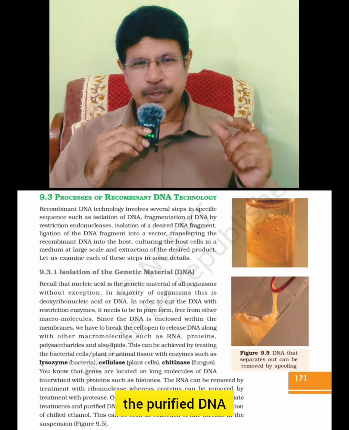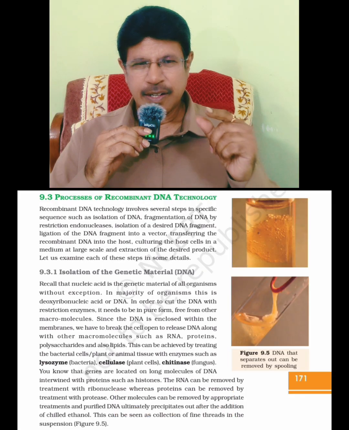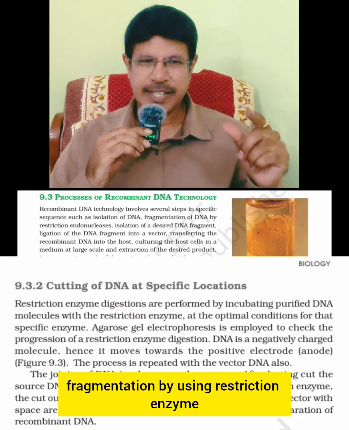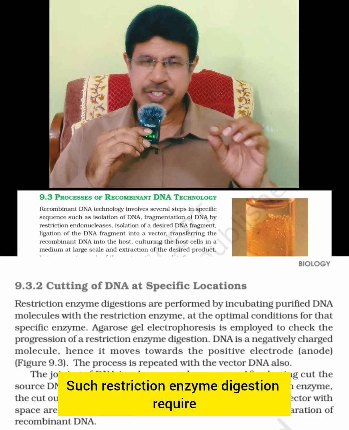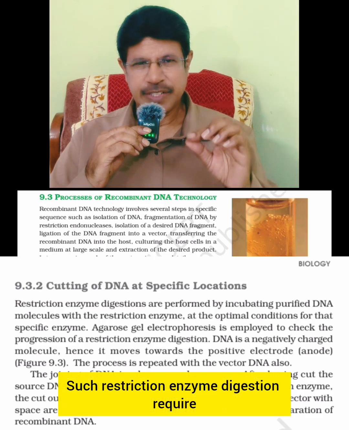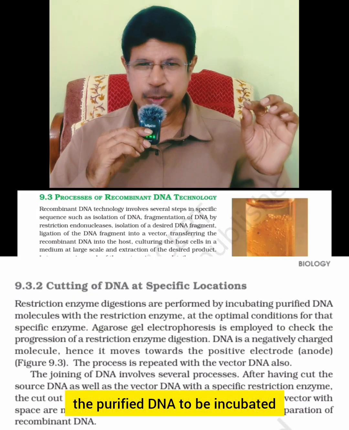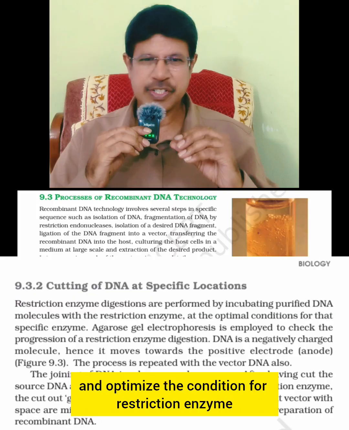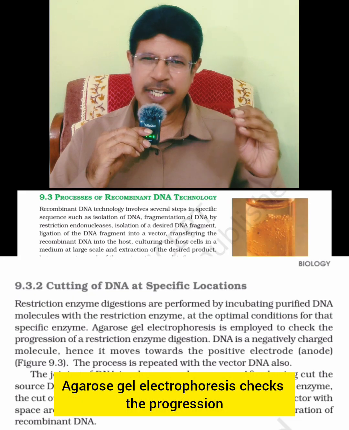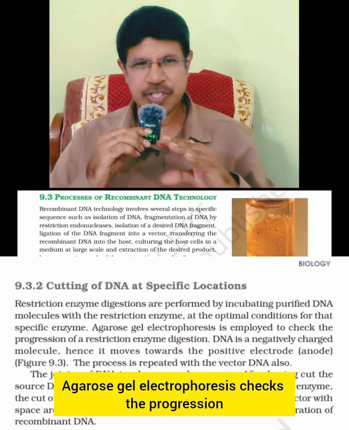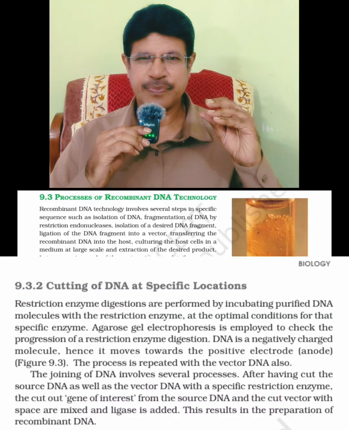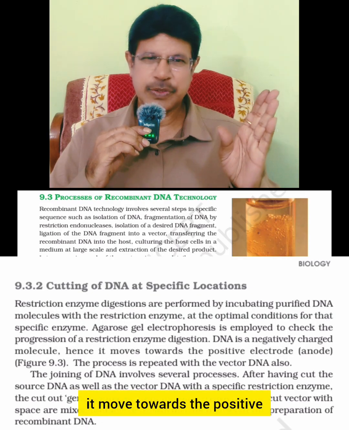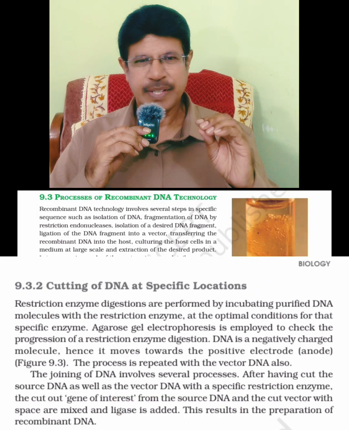So the purified DNA undergoes fragmentation by using restriction enzyme. Such restriction enzyme digestion requires the purified DNA to be incubated under optimized conditions for the restriction enzyme. Agarose gel electrophoresis checks the progression of restriction enzyme digestion. As the DNA is negatively charged, it moves towards the positive, that is the anode side.